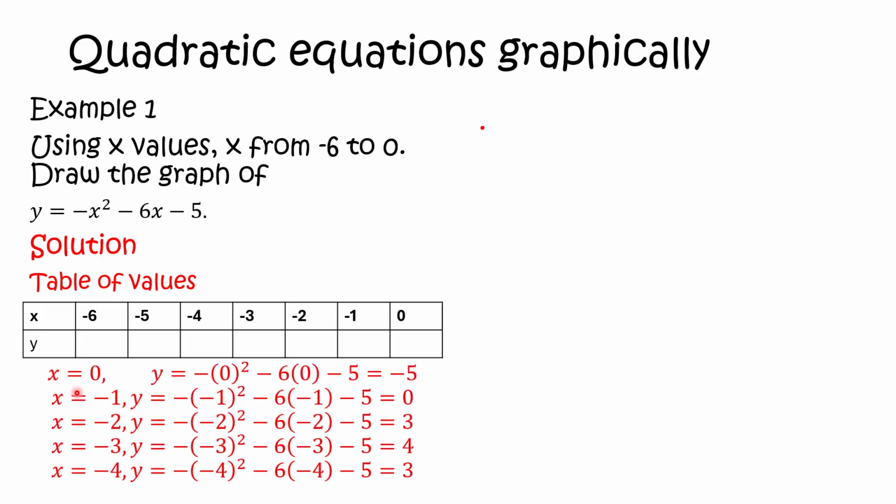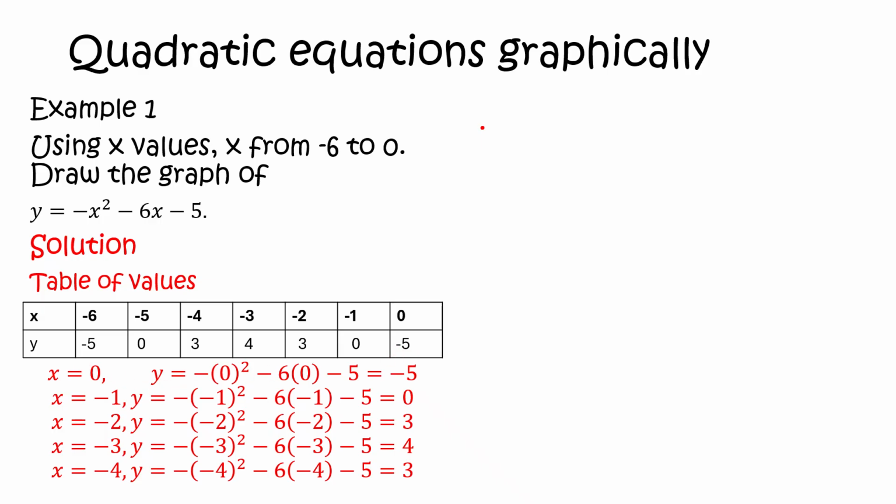In this case, for x is equal to 0, the associated y value would be minus 5 because we're substituting 0 where we have the x terms. We do the same up until we get to minus 6. So having these values inside the table, we would have that.